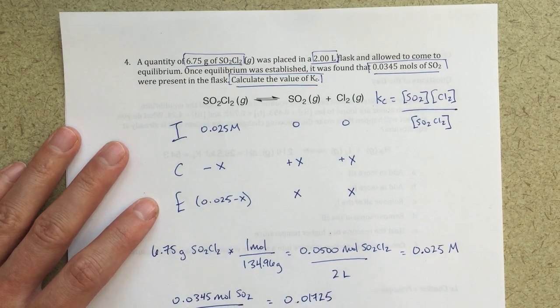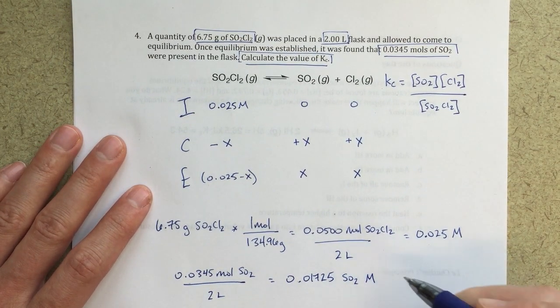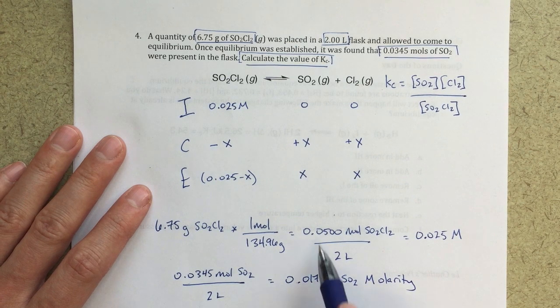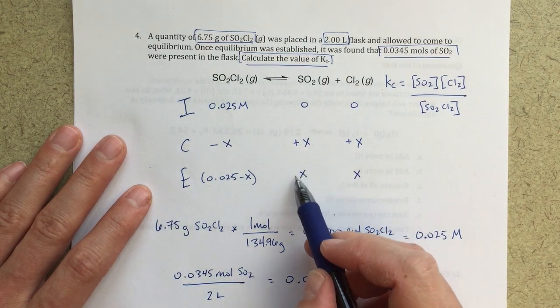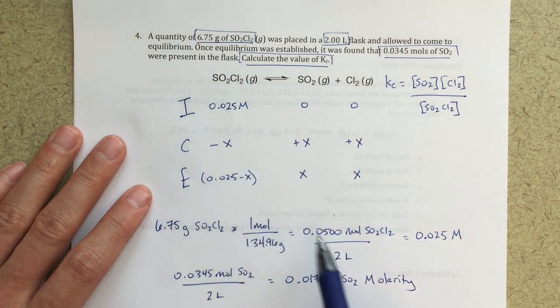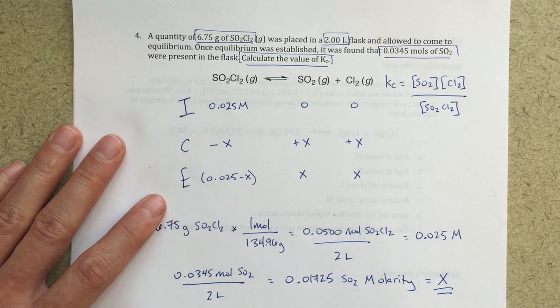So if you do this calculation, you end up with a molarity of SO2, all right, at equilibrium of 0.01725. This is equal to your x value, right? At equilibrium, this x value is going to be the concentration, right? These are molarities, the concentration of SO2 at equilibrium. So this is equal to your x value, and that's a really key bit of information.